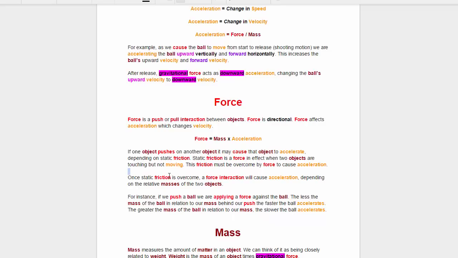Something important to consider is static friction. Static friction is what causes something to stay in place even when force is applied. Imagine if you try to drag a sled. Even if you pull on that sled, it may not move because of static friction. But once it starts to move, static friction has been overcome, then force causes mass times acceleration. So this is a small but key point to keep in mind.